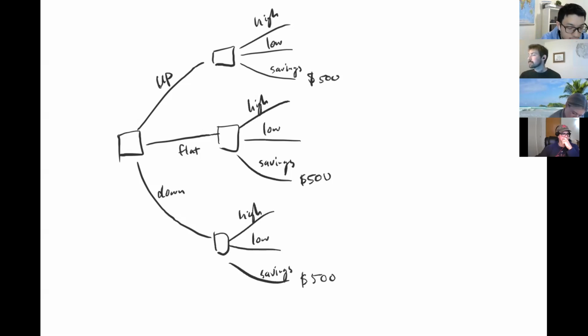Okay, and in the savings case, it's always going to be 500. In the high case, I'll get 1500 here. In the low, I would make 1000. And then in the flat, it would be 100 for the high, and in the low, flat would be 200.